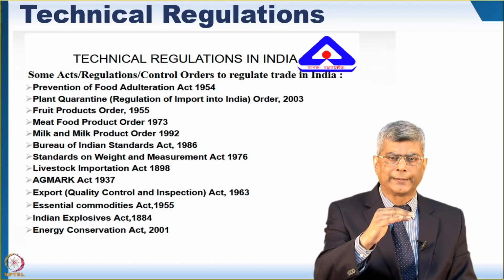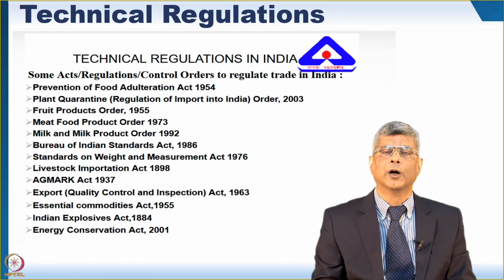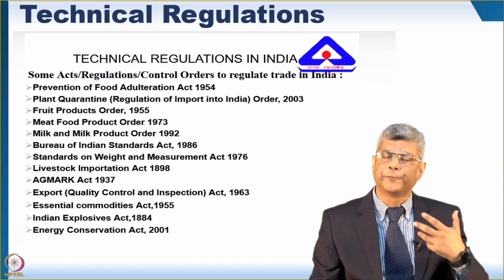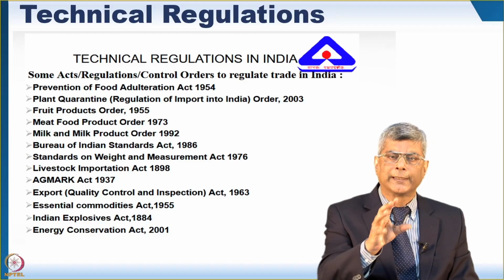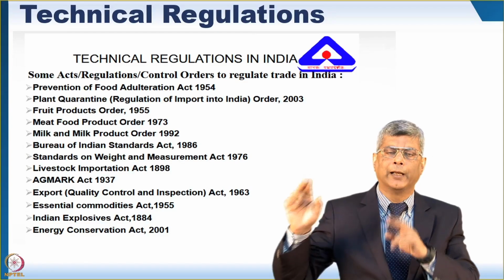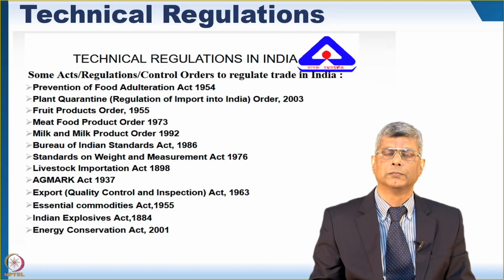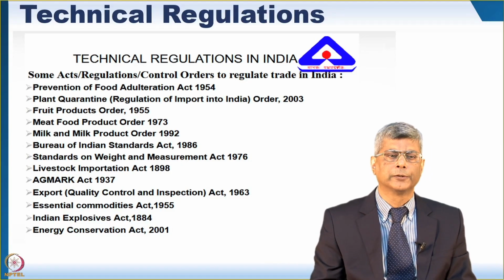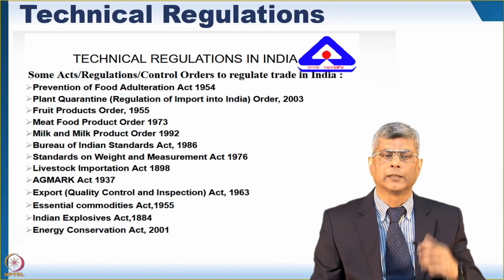And if you look at the list there, you'll find that there are many aspects and many regulations on different kinds of products. Food, to protect customers such as you from adulteration, which is fake food, bad food, counterfeit food. There are laws. Meat, milk.